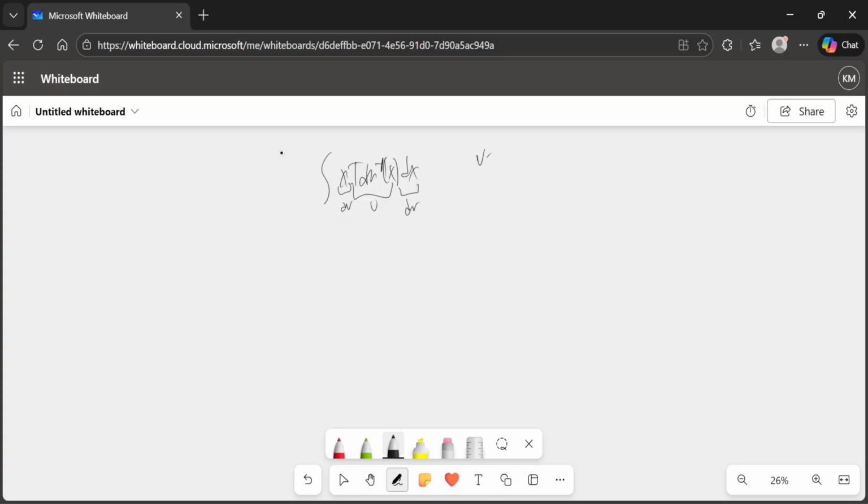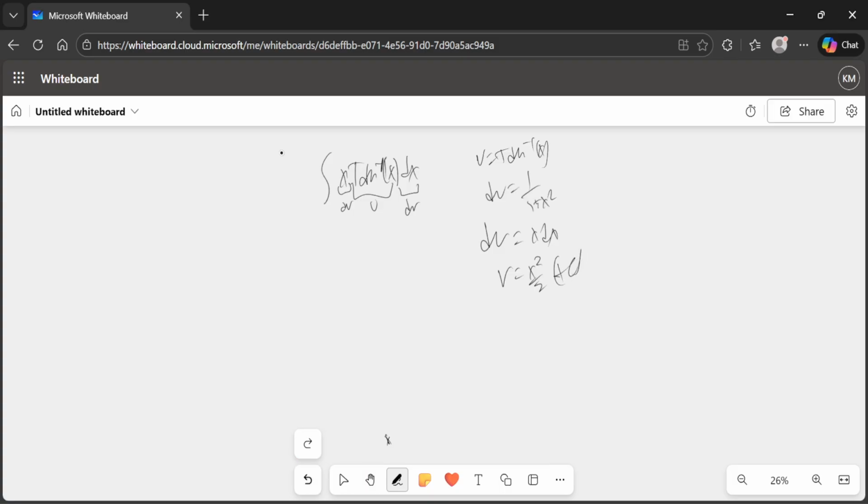So u equals tangent inverse x, du equals 1 over 1 plus x squared, dv equals x dx, v equals x squared over 2. And then there's a plus c here, but I talked about how last time those cancel out always.